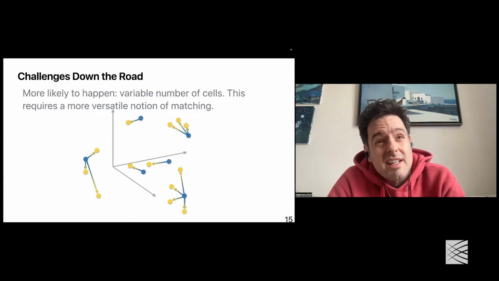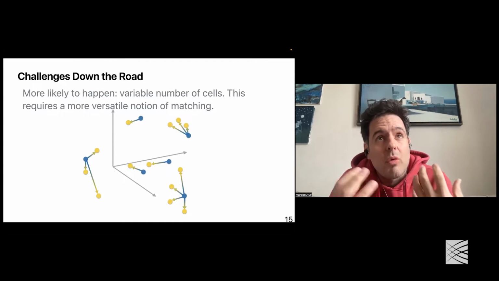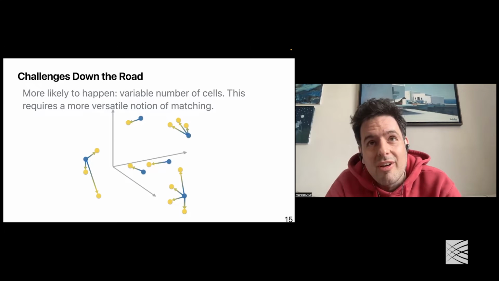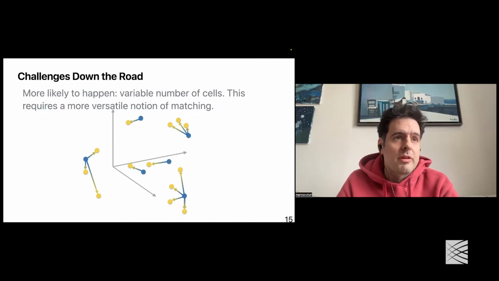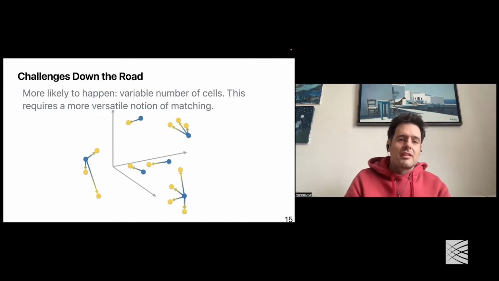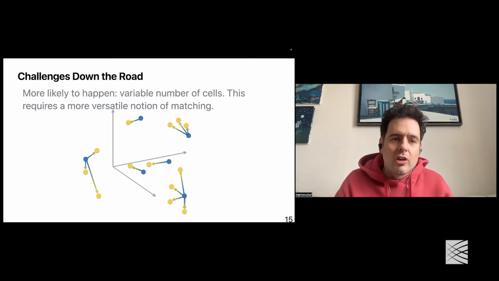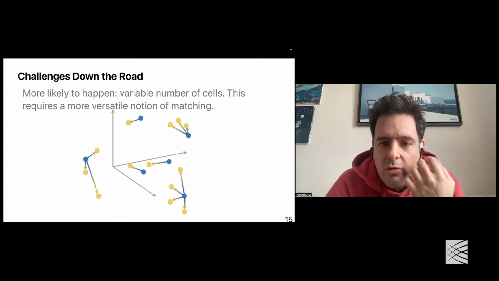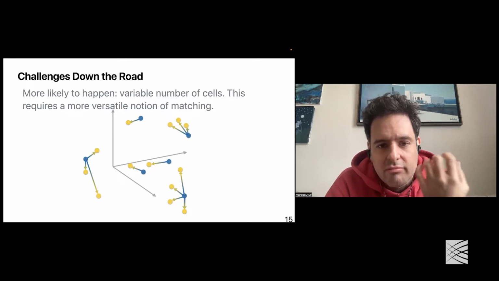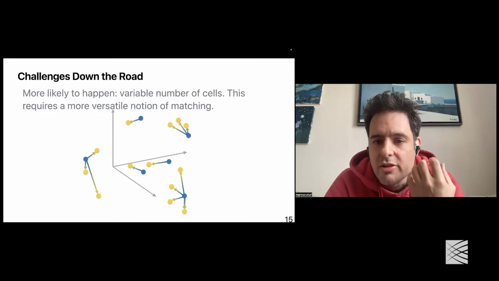But if I move away from this hard one-to-one matching model that I've been talking to you about since the beginning, and I go towards something where I have a bunch of things and I just want to associate them, with no longer this one-to-one constraint, then you could think I could use something very simple, which would be nearest neighbor assignments.